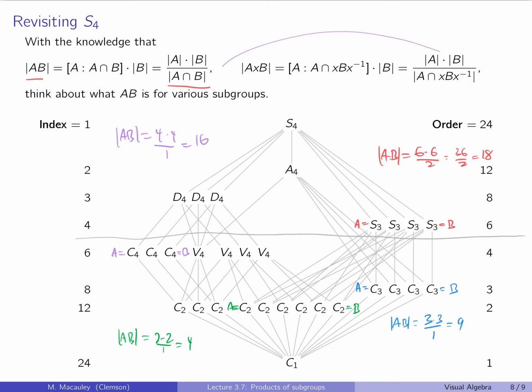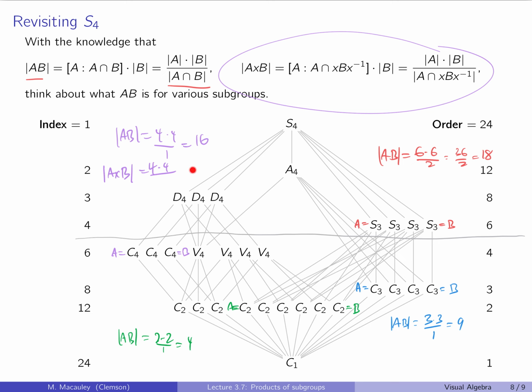Let's use this formula over here. AXB for some other double coset is the size of A times the size of B divided by the size of A intersect some other conjugate of B. Well, if some other conjugate of B is say this one, then this is going to be divided by 1, and 4 times 4 divided by 1 would be 16.